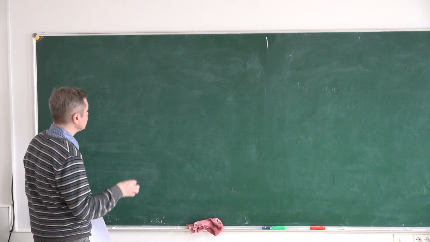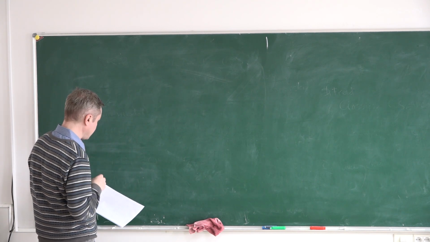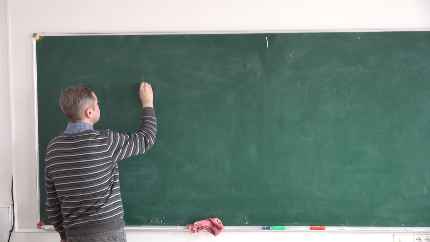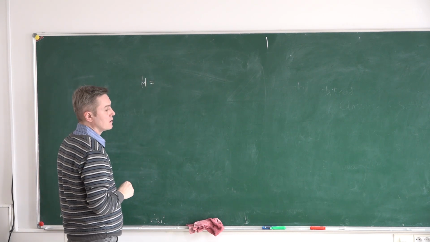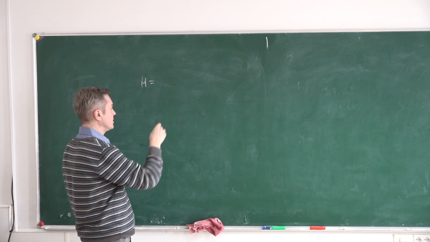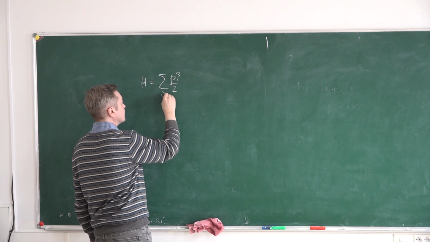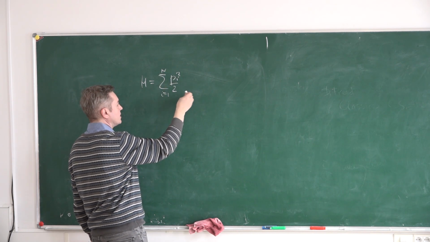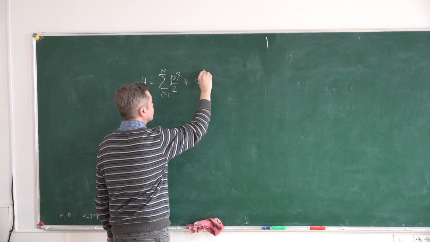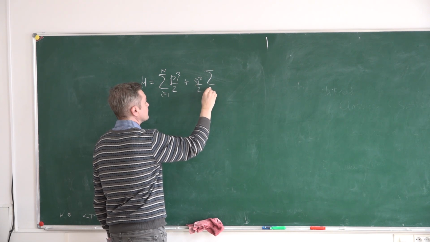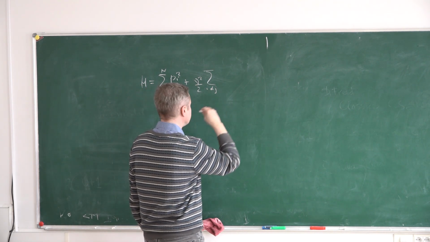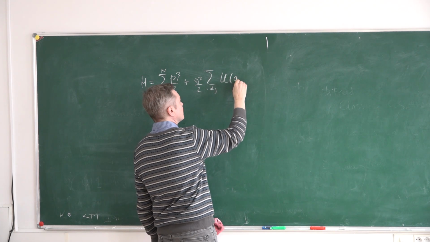First of all, let me recall that when we study these models even at classical level, we may write the Calogero Moser model. There is a kinetic energy plus some coupling constant, and here is potential.